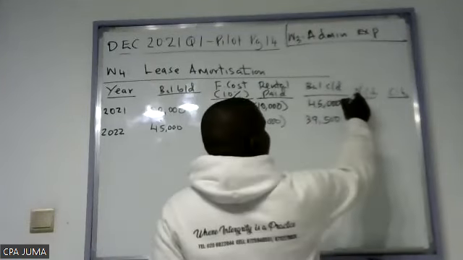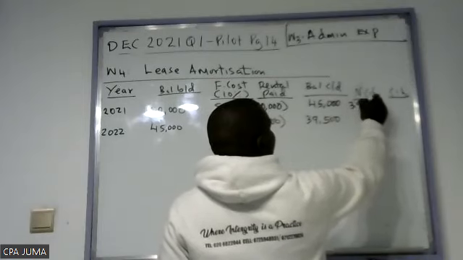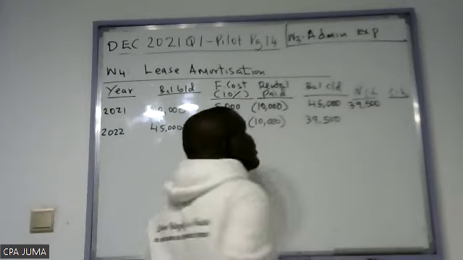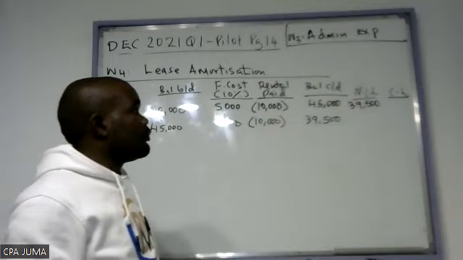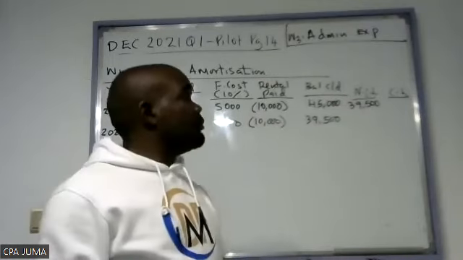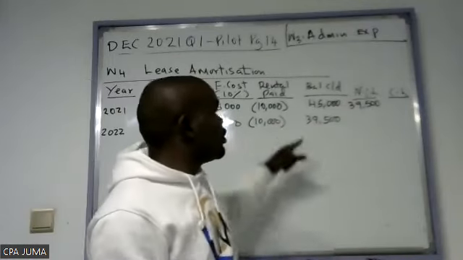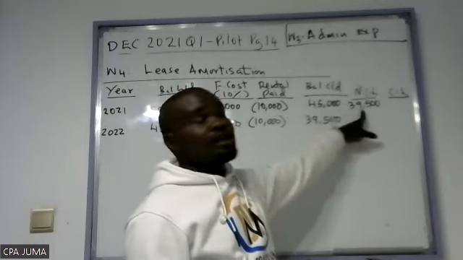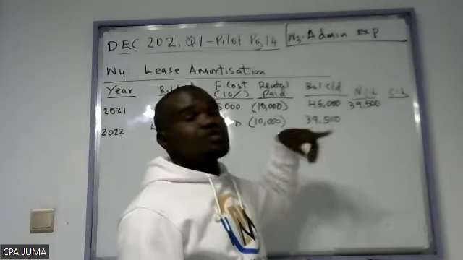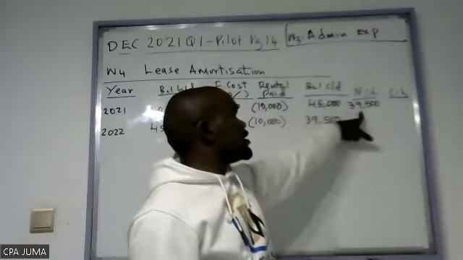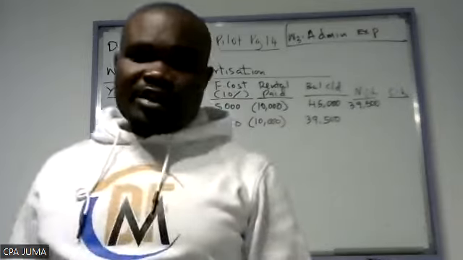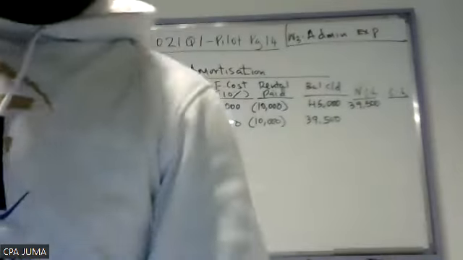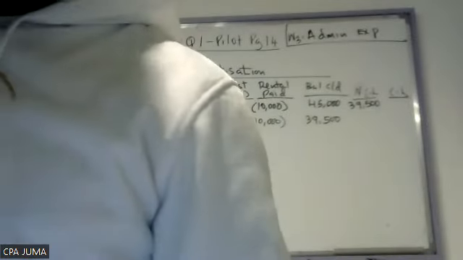So you bring here 39,500. That is the long term. Then the short term will be 45 minus 39. It means that one must be paid in the next 1 year. So take 45 minus this 39. How much will that be? Somebody?